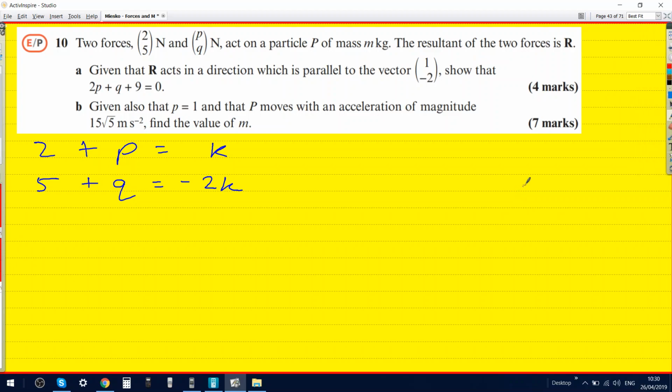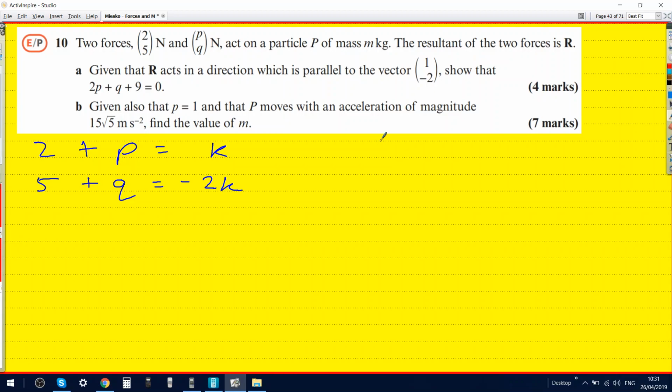And then we do simultaneous equations, and we multiply the p part by minus 2.